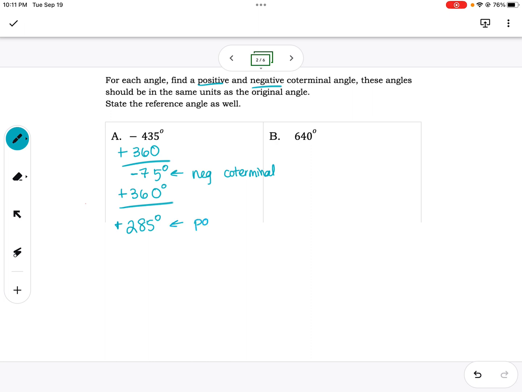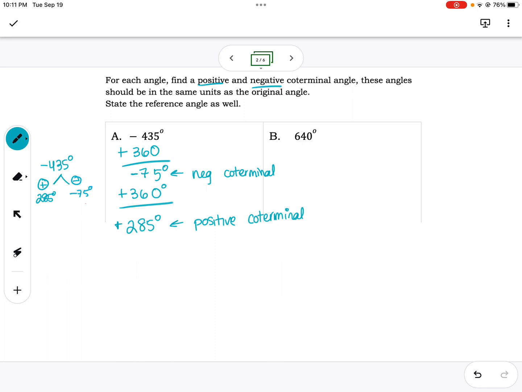That makes this our positive coterminal. So, to recap, we have the angle negative 435 degrees, and then it has a positive coterminal at 285 degrees and a negative coterminal at negative 75 degrees.